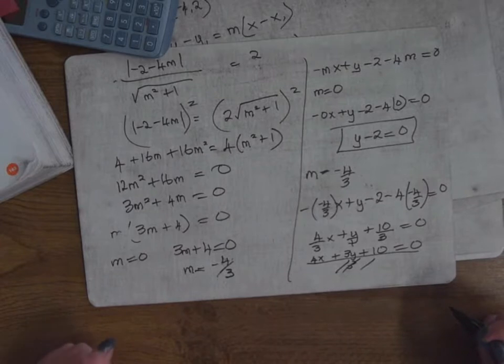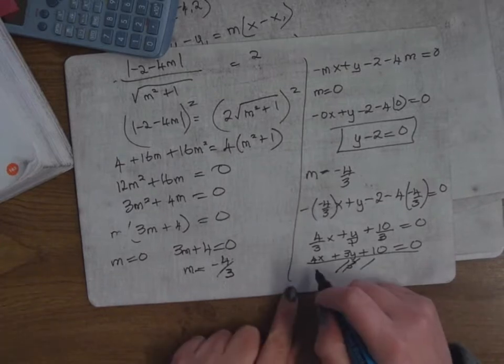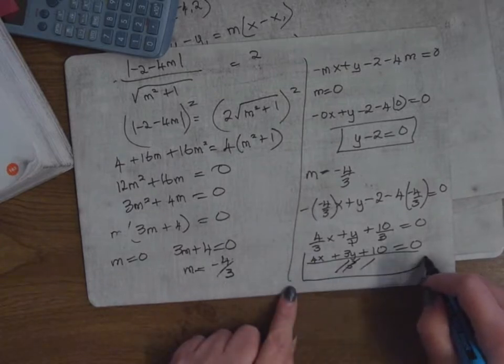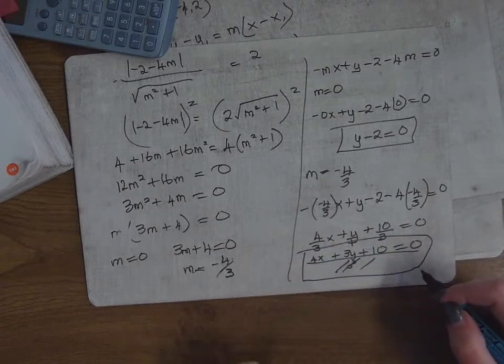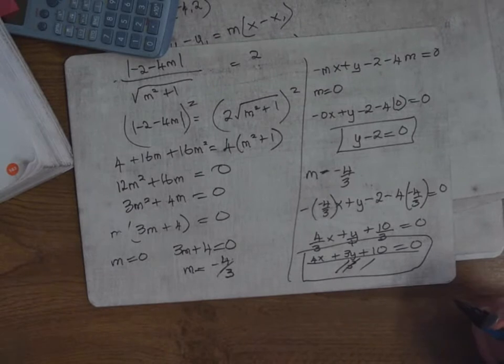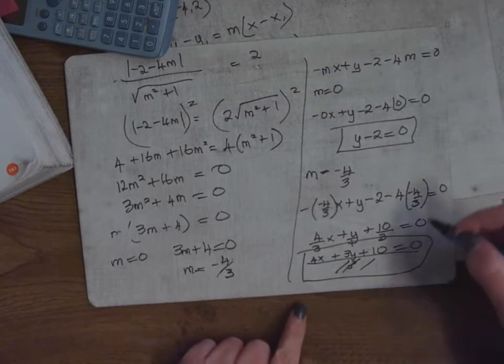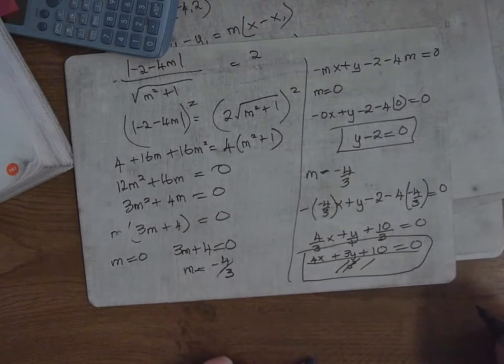Is that okay? You can drop the 3 because the 3 was just to even up both sides. There's an equal sign, so I've evened up both sides, so you can drop the 3. Are we good with that? There's my two equations.